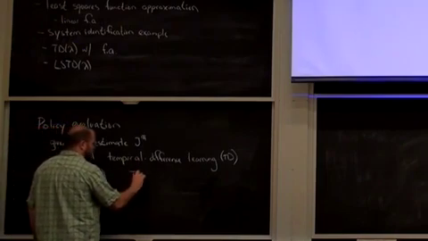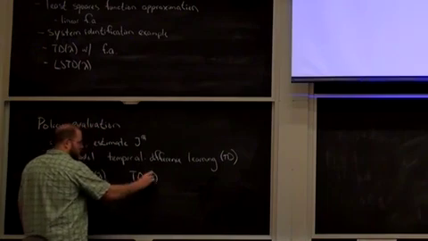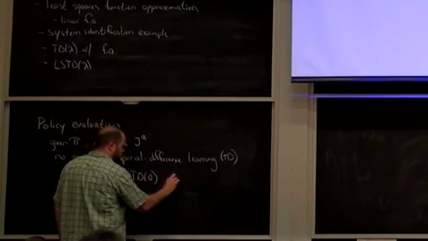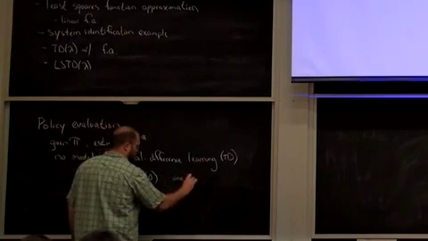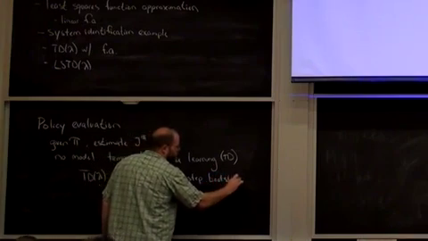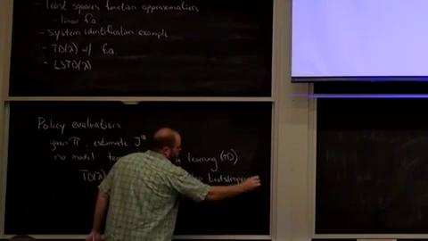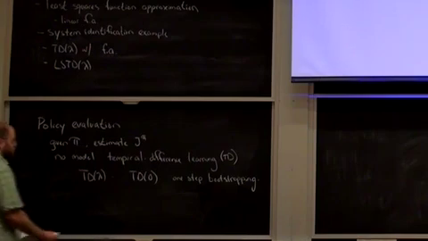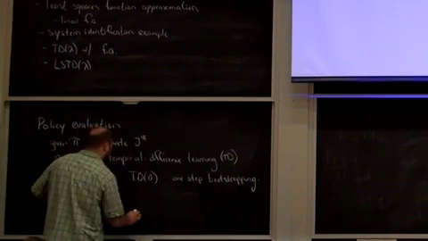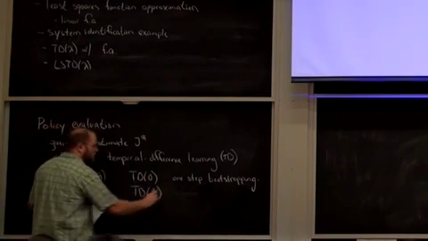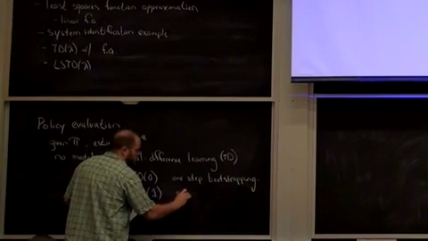TD, if lambda is 0, was essentially the one-step bootstrapping idea, where you use your current cost plus your expected value of all future costs as your new estimate of this. And the other limiting case was TD1, which resulted in just Monte Carlo evaluation.